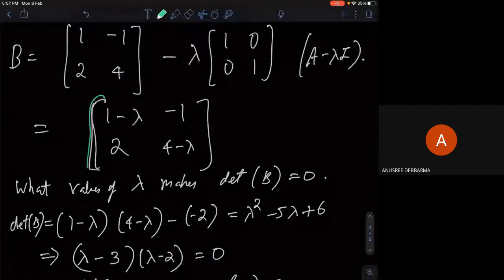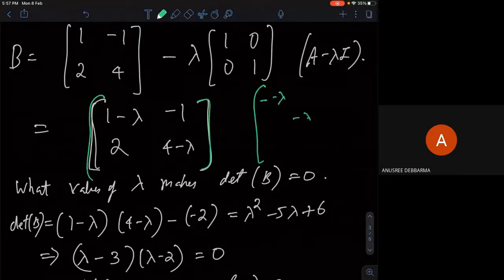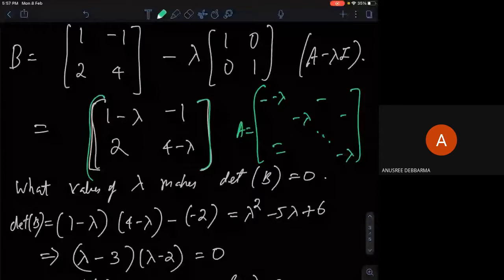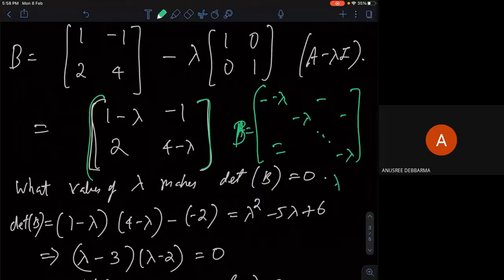If I have a very large n cross n matrix, it's going to be something minus lambda here, something minus lambda here, up to something minus lambda here, and some values elsewhere. This is how the matrix is going to look. When you find the determinant of this matrix, there is going to be a term of lambda raised to n.